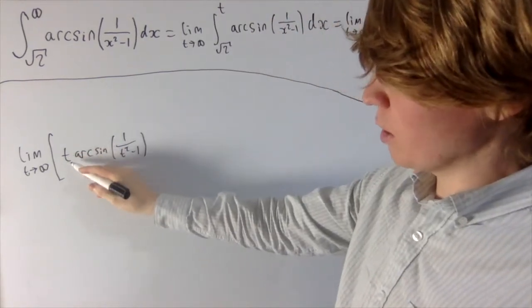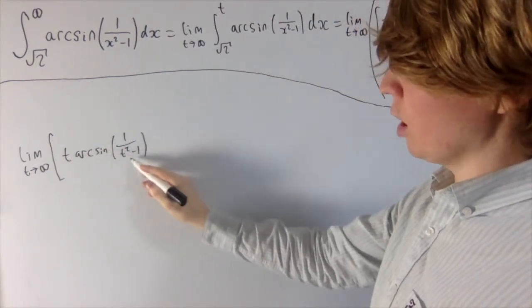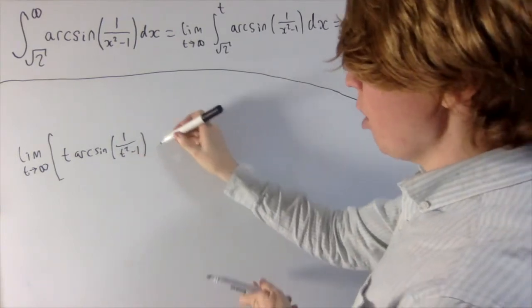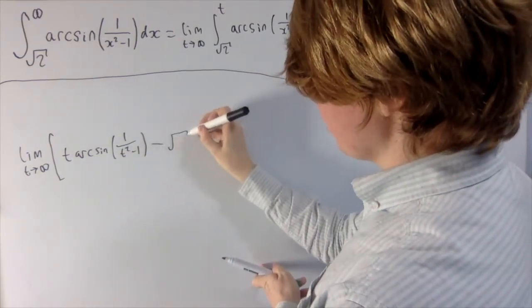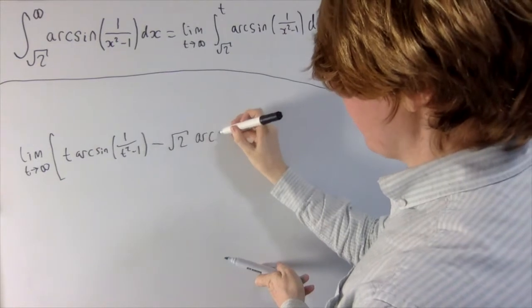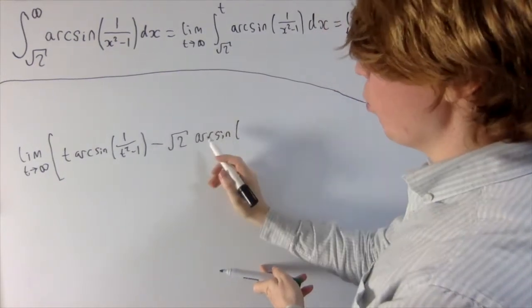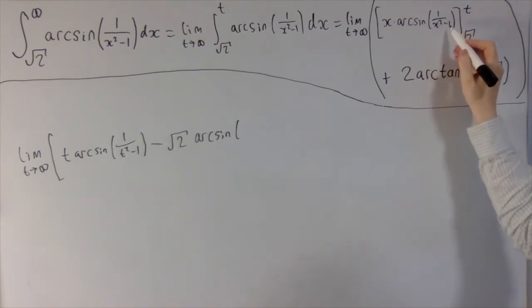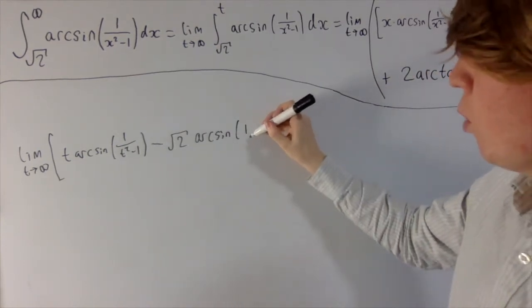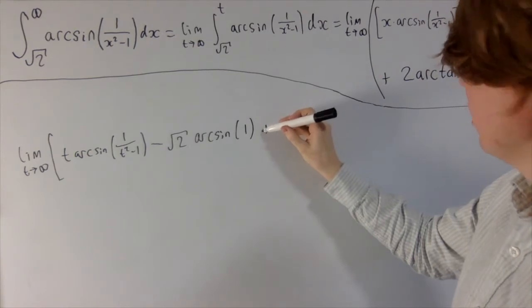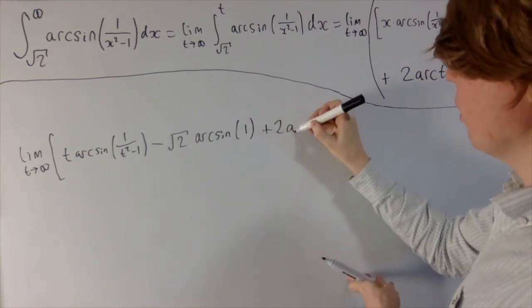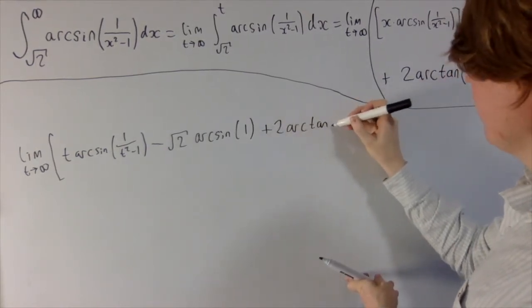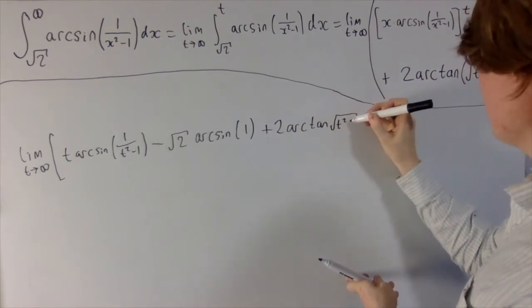We've got something which converges to infinity, then this is going to be like arcsine of 0, which will go to 0. And then we subtract root 2 arcsine of 1 over root 2 squared minus 1, which is 1 over 2 minus 1, 1 over 1, which is 1. Okay, that's nice. And then we also have plus 2 arctan root t squared minus 2.